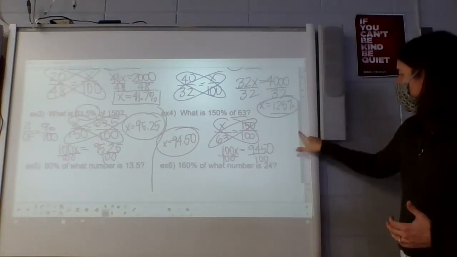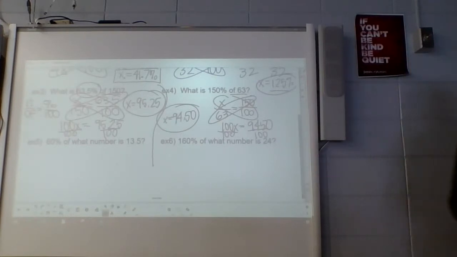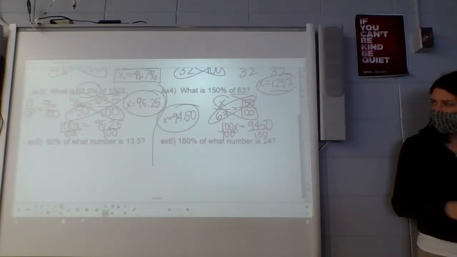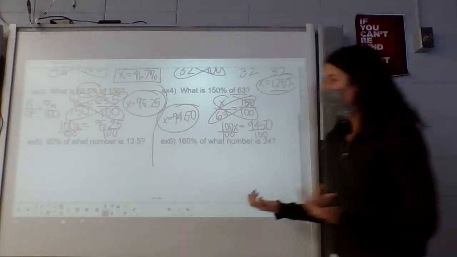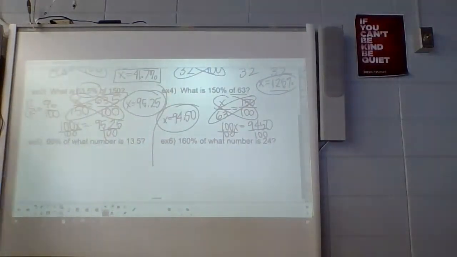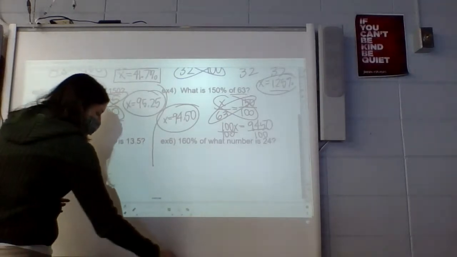All right, our last one here. 60% of what number is 13.5? So 60%, and you're trying to find the number that you started with, so out of your total is 13.5.